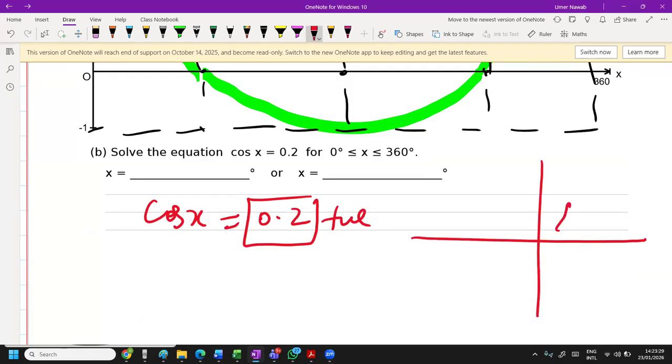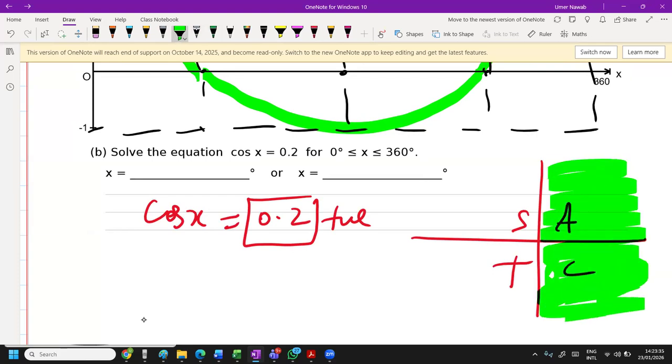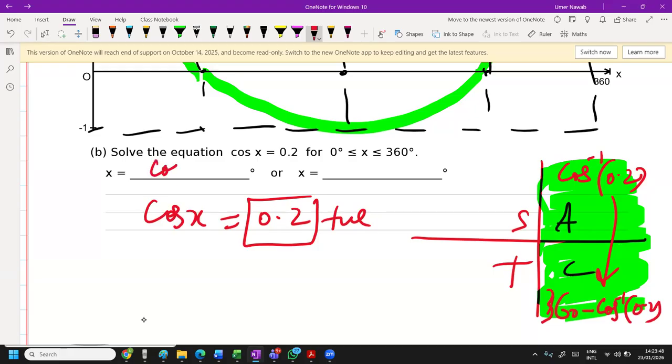The sign is positive as per ASTC. The sign is positive in this quadrant and this quadrant. So first and the fourth quadrant. Get your basic angle or reference angle. Shift cosine 0.2. Send it here. 360 minus shift cosine of 0.2. So first answer, shift cosine of 0.2, you can write it to 1 dp. Then 360 minus shift cosine of 0.2.